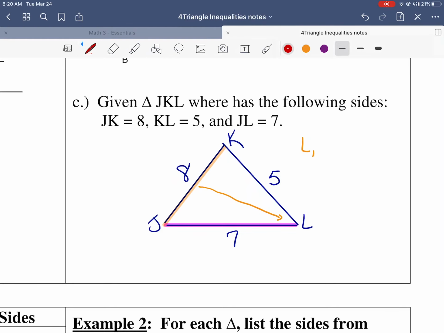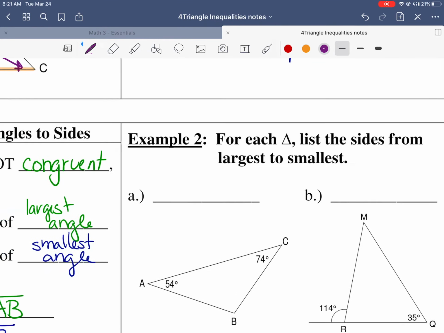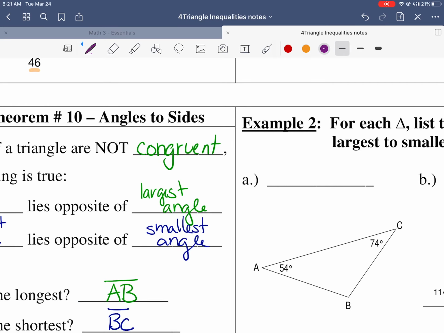Across from 7 is K. And last but not least, we have this 5, and across from the 5, I end up at J. So my angles are L, K, J if I am going from largest to smallest. Make sure you're paying attention if it's asking from largest to smallest or smallest to largest.